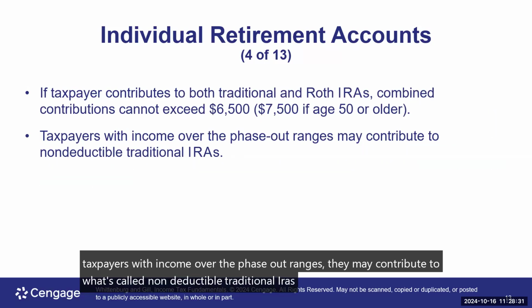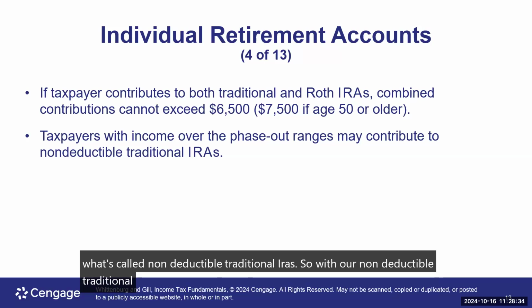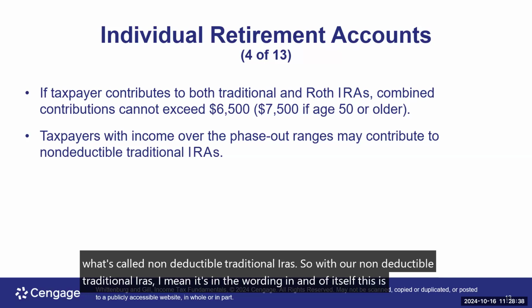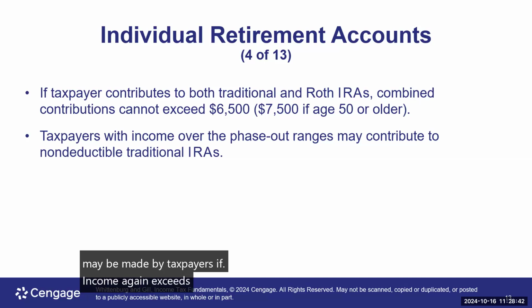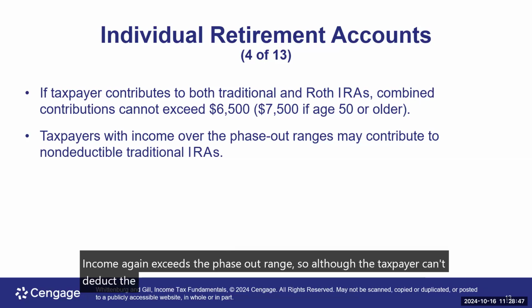With non-deductible traditional IRAs, it's in the wording in and of itself. This contribution may be made by taxpayers if their income, again, exceeds the phase-out range. Although the taxpayer can't deduct the contribution, all income earned in the IRA account is sheltered from tax until the earnings are withdrawn.